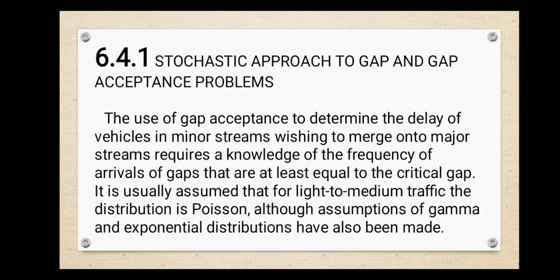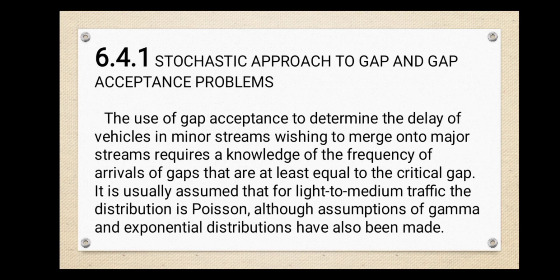This in turn depends on the distribution of arrivals of mainstream vehicles at the area of merge. It is generally accepted that for light to medium traffic flow on a highway, the arrival of vehicles is randomly distributed. It is therefore important that the probabilistic approach to the subject be discussed.